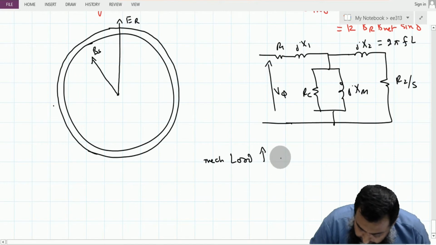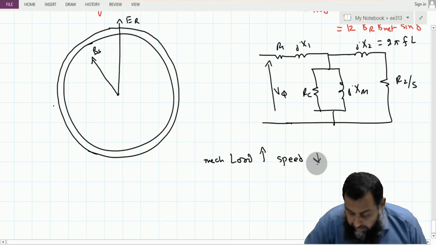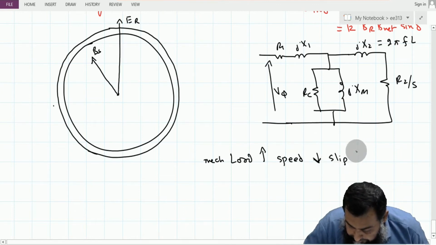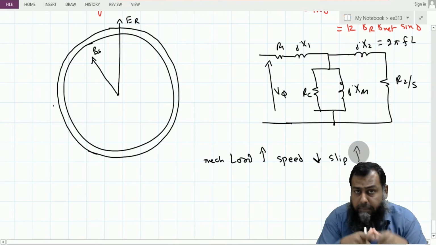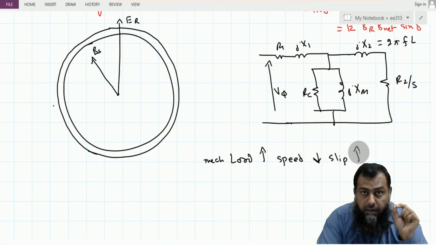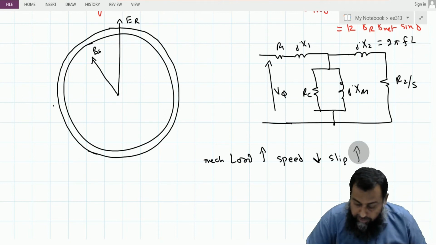With this, the speed actually decreases. When the speed decreases, the slip will increase, right? Because slip is the difference between the rotating magnetic field and the actual speed of the motor, which is this omega m. So the slip will increase.